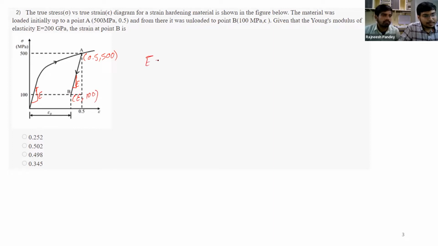So E is nothing but the slope of AB, and this is given as (y2 minus y1) upon (E2 minus E1). So it will come out to be (500 minus 100) divided by (0.5 minus epsilon).